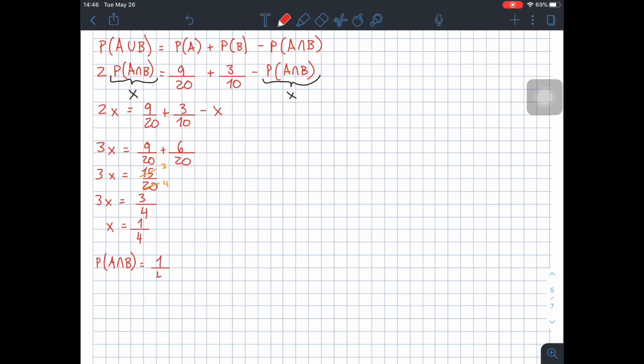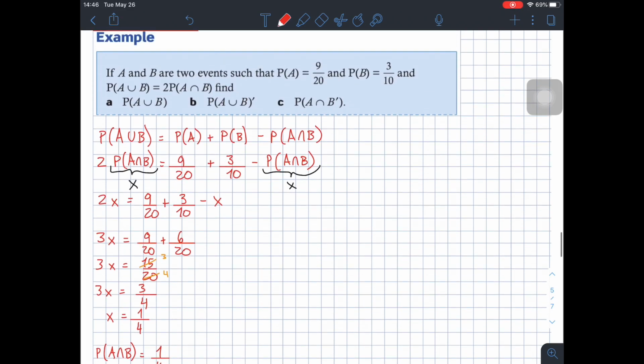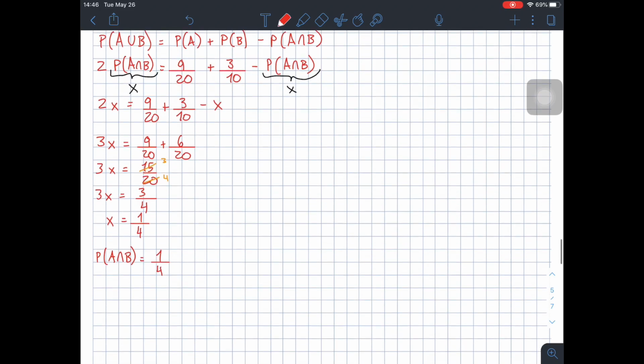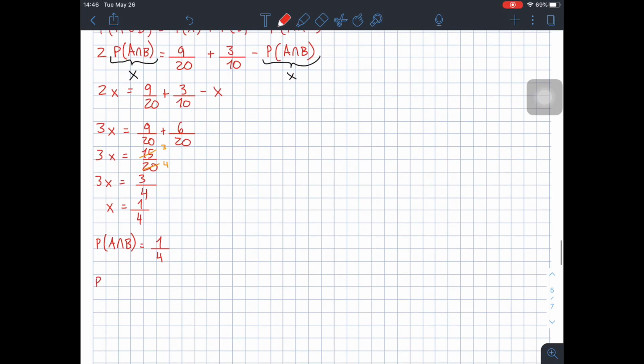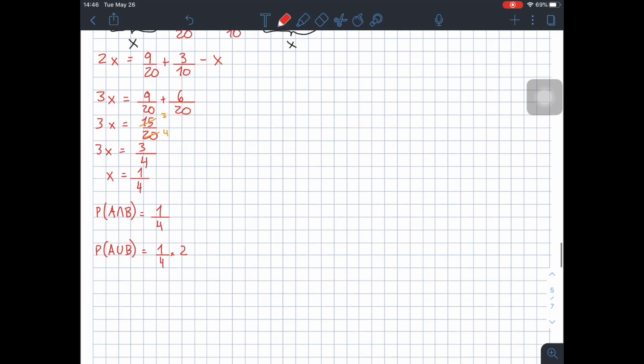But that is not what we were asked to find. We were asked to find the probability of A union B. But from the exercise, we know that the probability of A union B is twice the probability of the intersection. So to find the probability of A union B, I just need to multiply this by 2, which gives us 2/4, which if we simplify is 1/2.